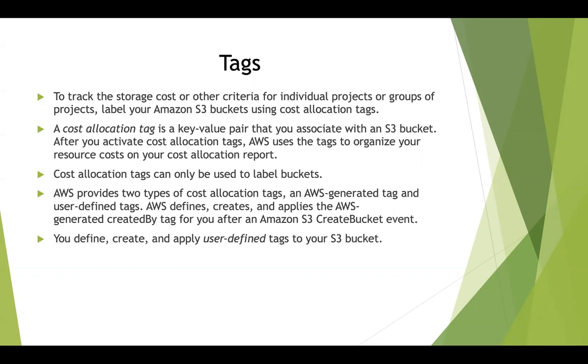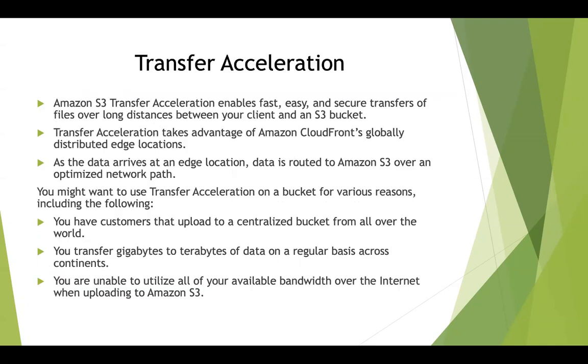Ultimately you use tags, which is a key value pair, to associate your S3 bucket with a particular project and so on, so that at a later point of time, when you look at your cost allocation report, you will be able to find out what the cost is for this particular bucket, based on the project that you have labeled it with.